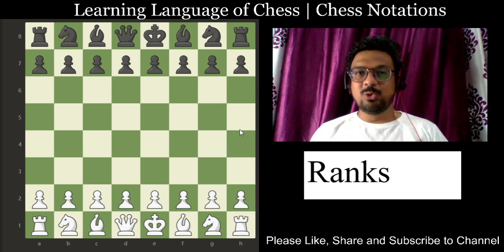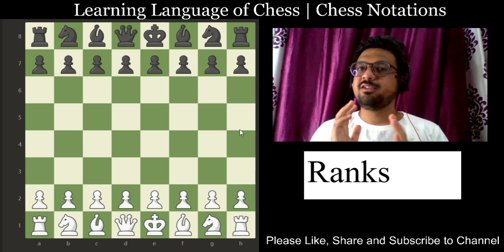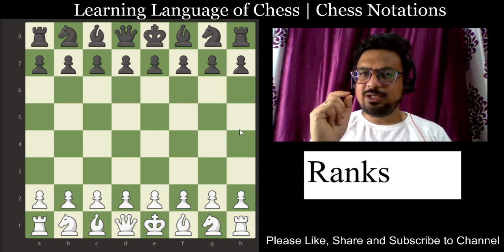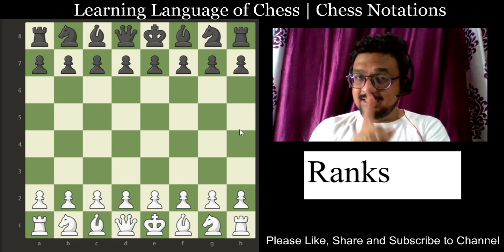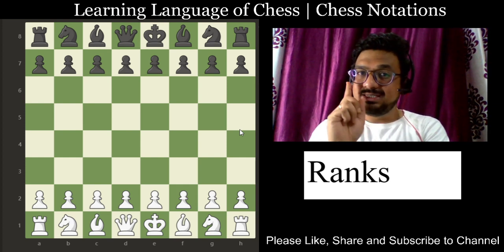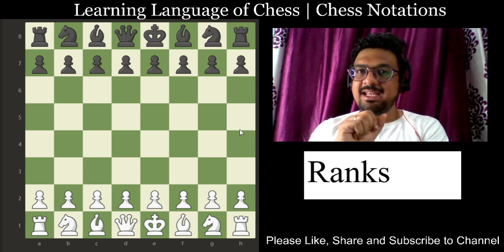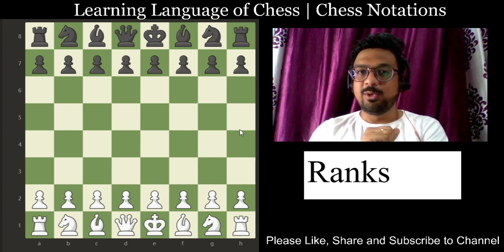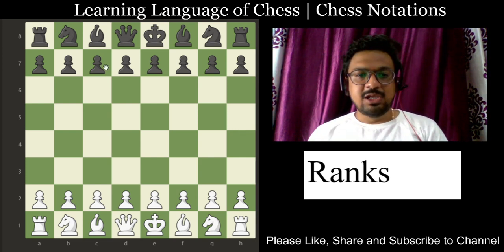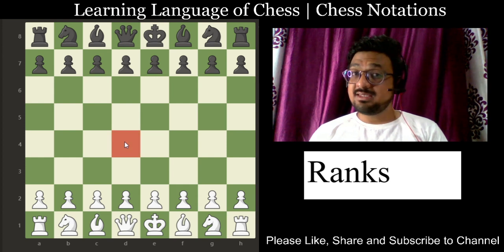Now that you know what the ranks and files are, you will notice one thing: because we know the name of the rank and the name of the file, we can actually name each and every square on the chessboard. Let's take the center square as an example.